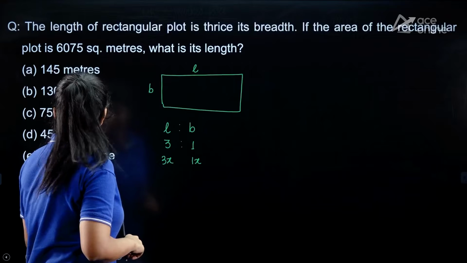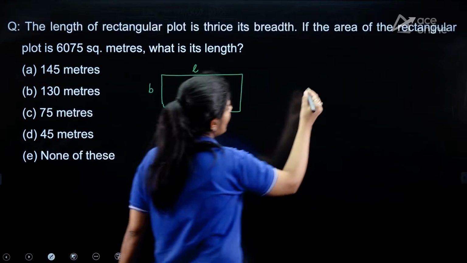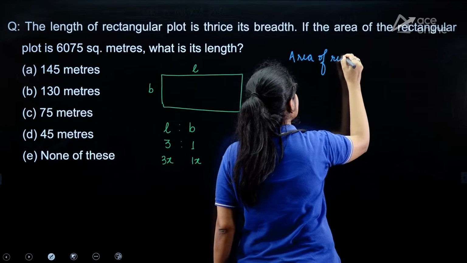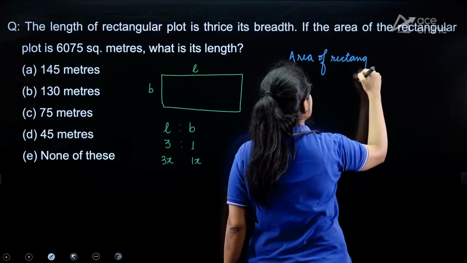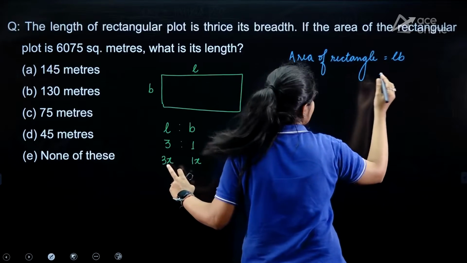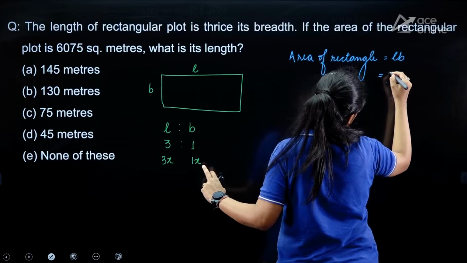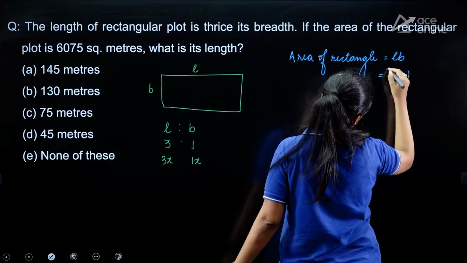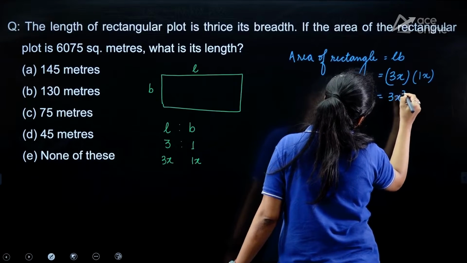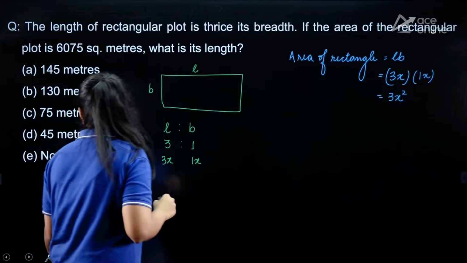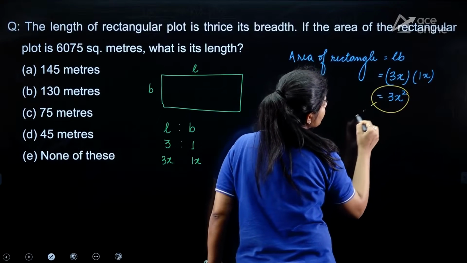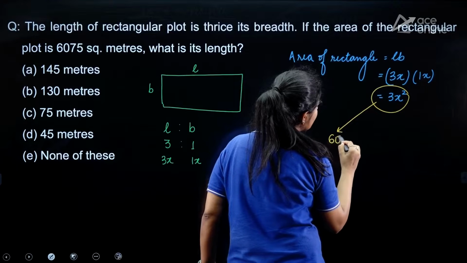Now the question is saying the area of the rectangle, and we know how to calculate the area of the rectangle. Area of a rectangle is nothing but length into breadth. So here it is nothing but 3x into 1x. This is nothing but 3x square. The value of this 3x square which is given over here is 6075.